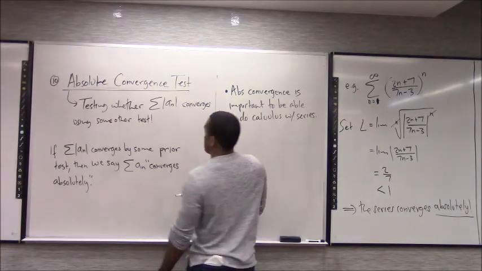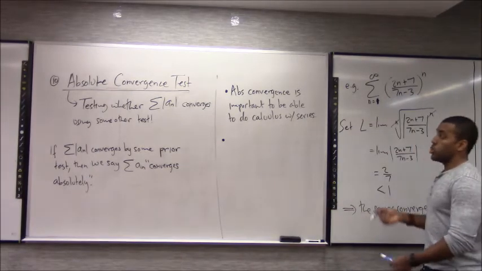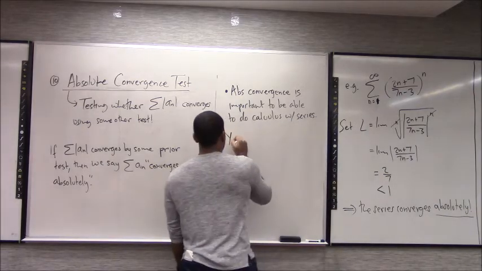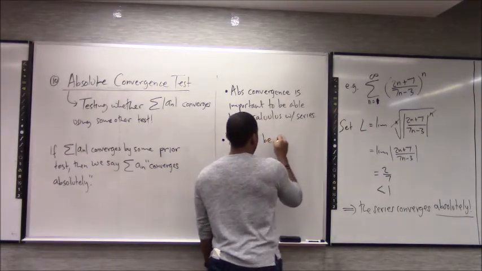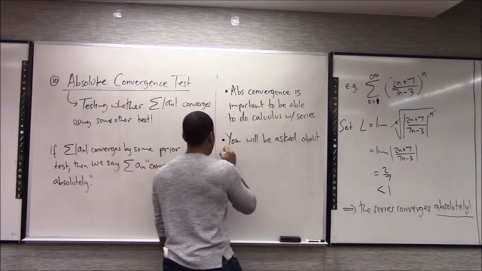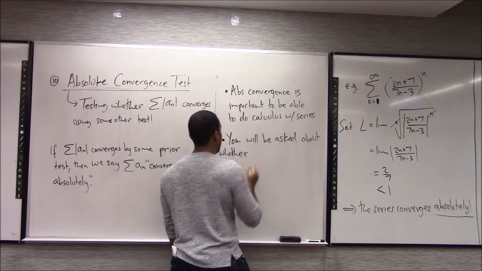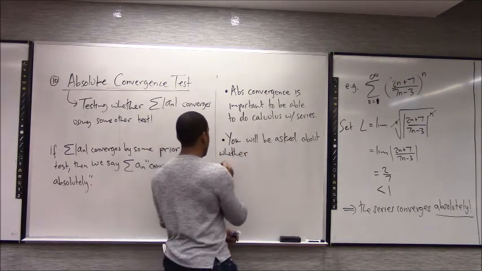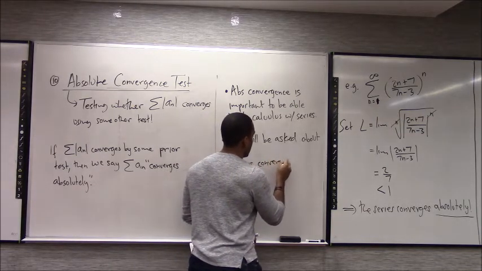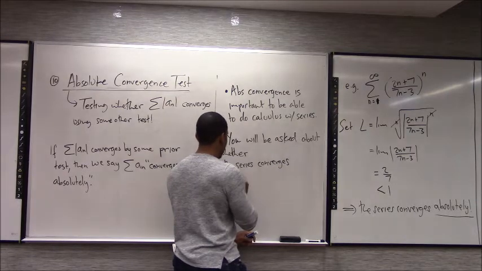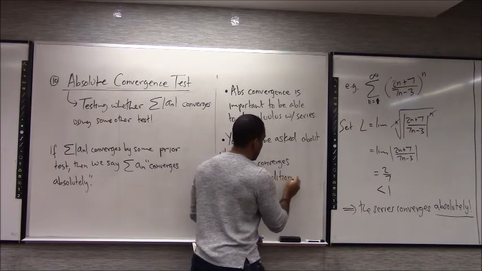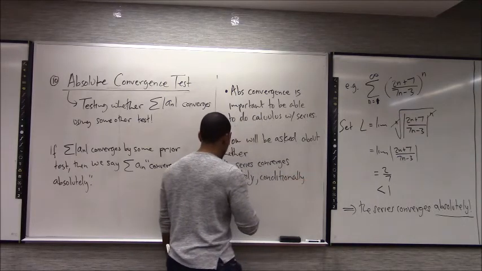Second, there are going to be times where I'm going to specifically ask you about absolute convergence. You will be asked about whether, so there will be problems where I don't just ask you if something converges or diverges, I'll ask you whether the series converges absolutely, conditionally, or diverges, right?